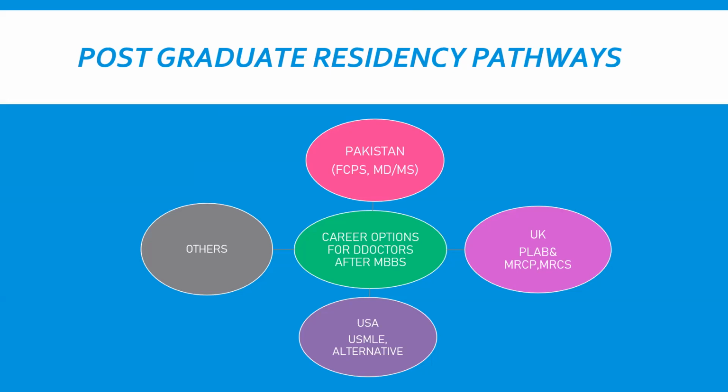JCAT is slightly broader, but PIMS is a slightly narrower option, because once you clear your post-graduation in MD/MS at PIMS hospital, you will have a chance to be inducted in one of the three hospitals which are affiliated with Pakistan Institute of Medical Sciences. So there is PIMS hospital, CDA hospital, and one other hospital. So you can apply only in these three hospitals.